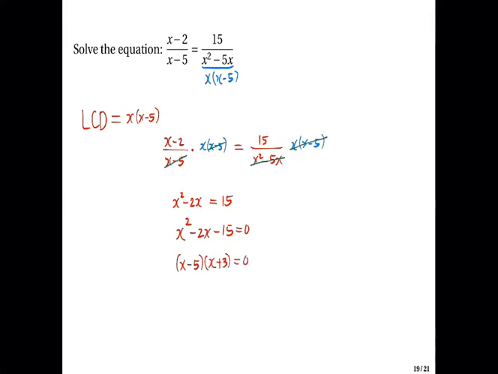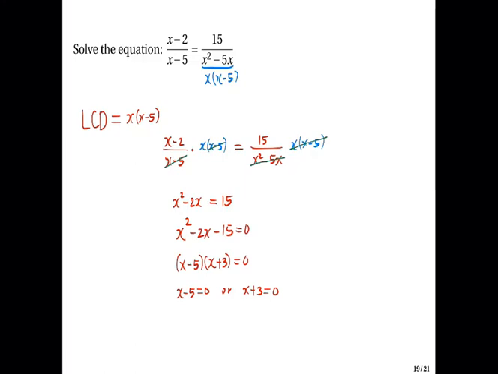Which means either x minus 5 equals 0 or x plus 3 equals 0. But notice, we have a denominator x minus 5, and we don't want the denominator to be 0.